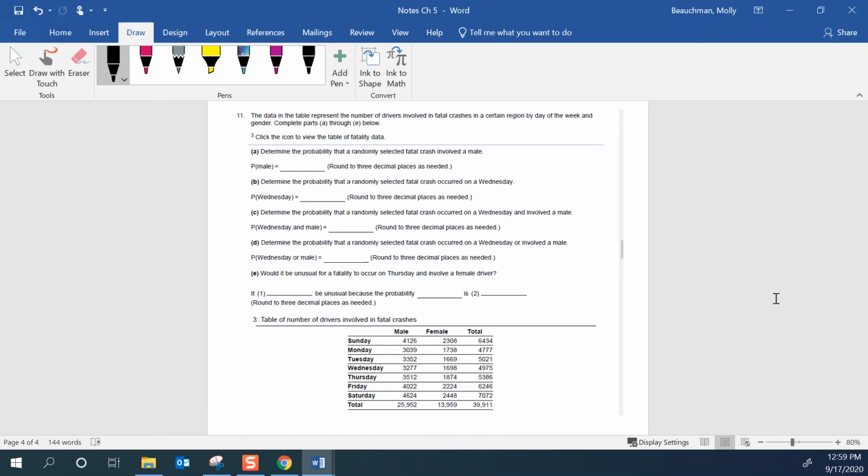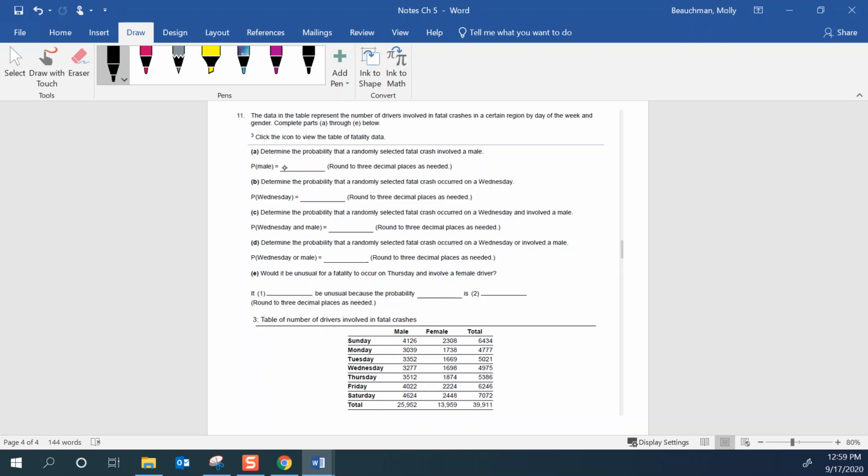All right, so the data in the table represent the number of drivers involved in fatal crashes in a certain region by day of the week and gender. Complete parts A through E below. So the data has male, female, and then days of the week, Sunday through Saturday.